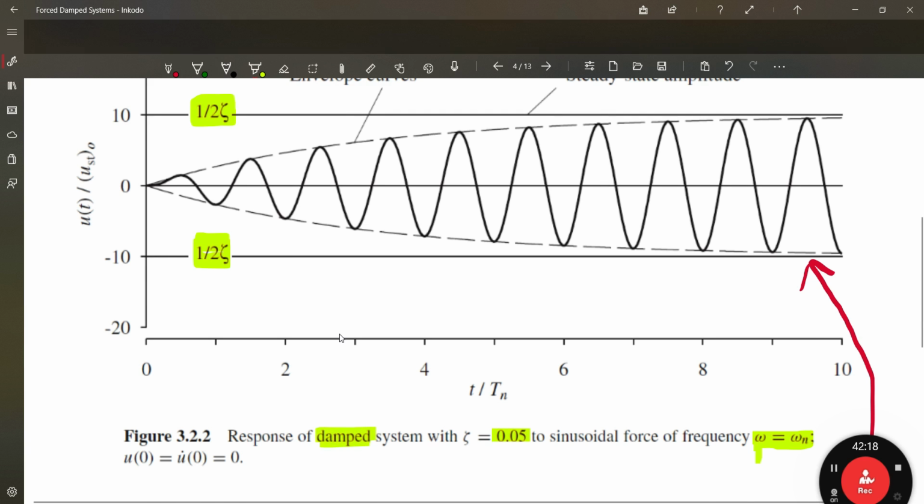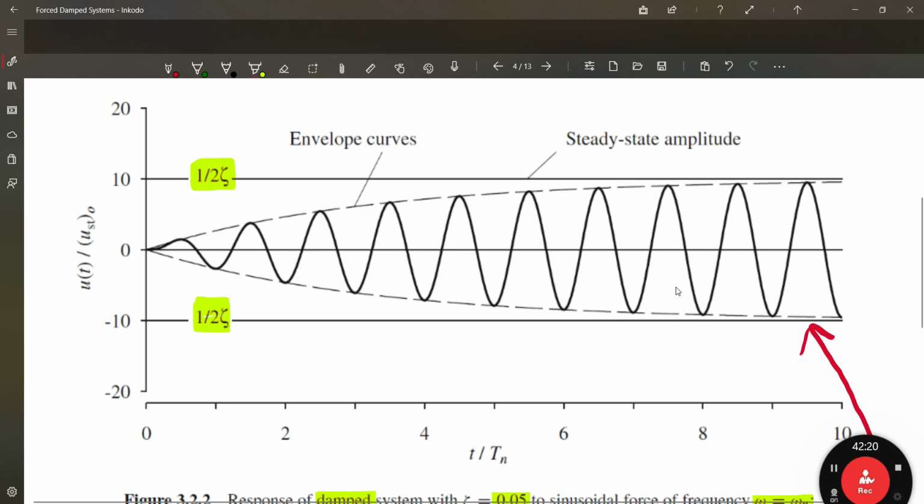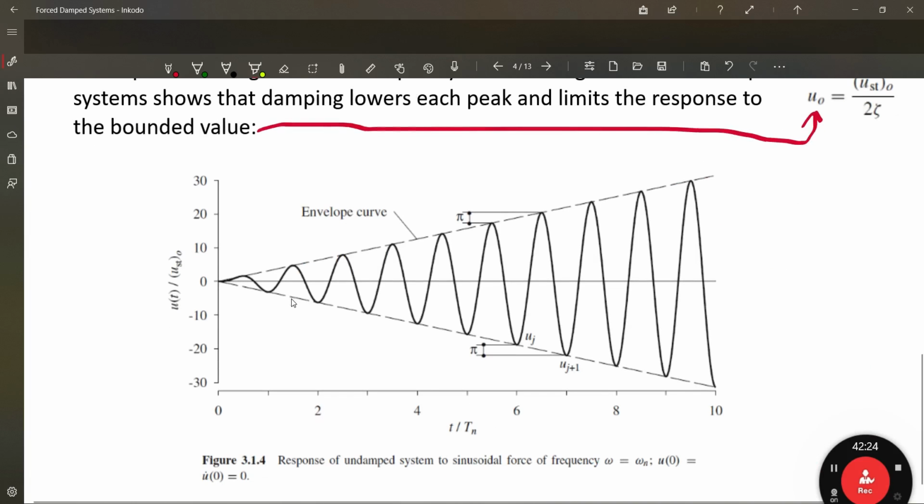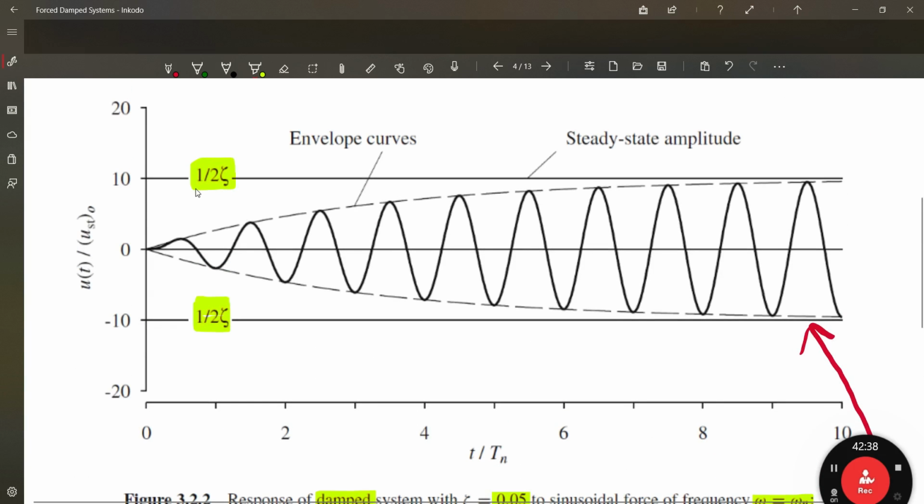This is the general look of how the structure is going to respond. Look here, this is the undamped system, and look how the structure responds. Totally different. The amplification goes linearly with t. However, here the amplification is going to be controlled.